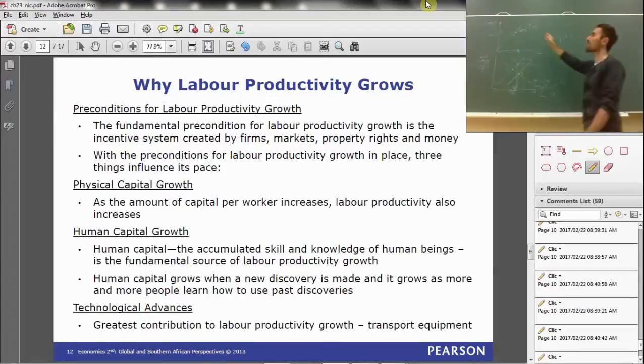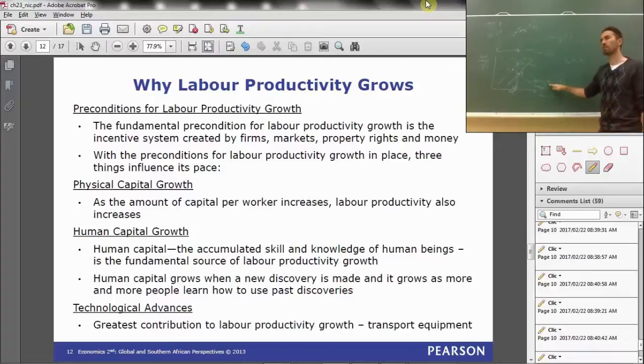Why? Because this is a productivity issue. Okay. How productive are our laborers? If we change their productivity, we shift labor demand. Changing productivity shifts production function. Okay? If we change anything that affects labor supply, then we've got a movement along a production function. When we shift labor supply, we are not changing labor productivity.